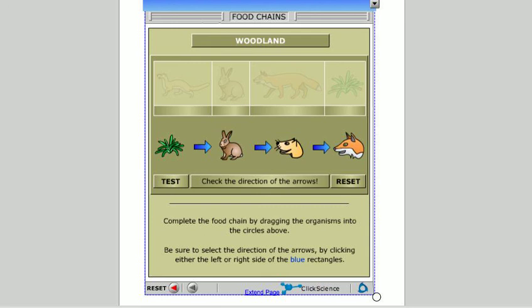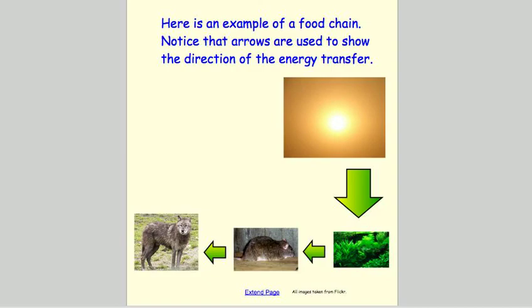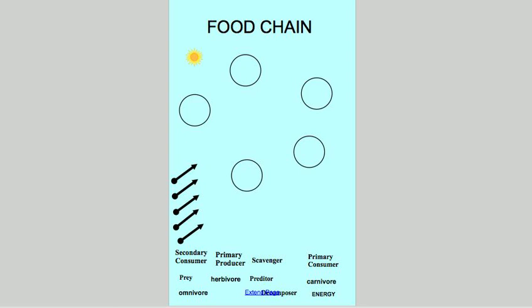Energy flows in this direction. Here's an example of a food chain. Notice the arrows are used to show the direction of the transfer of energy. Create a food chain with these words and arrows.